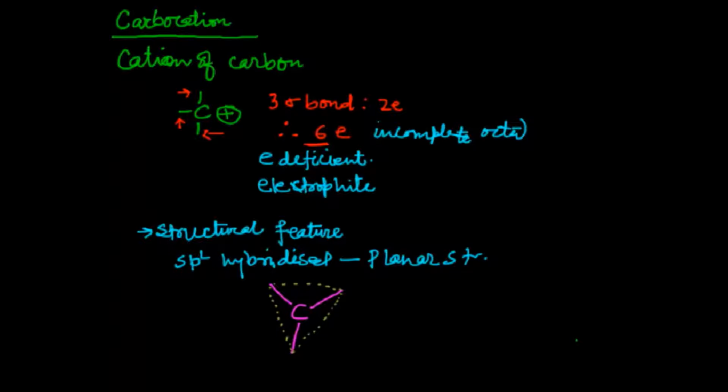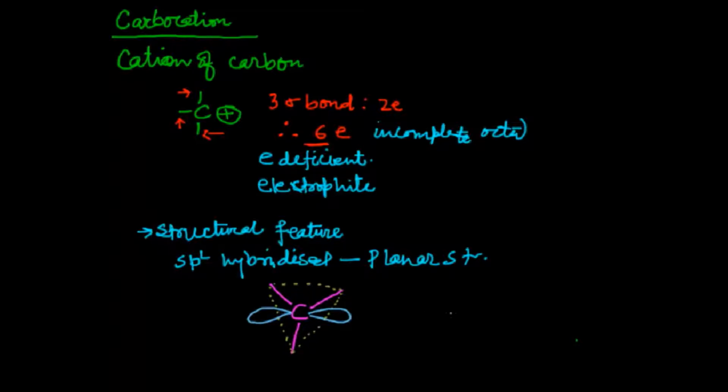And one more p orbital, which is vacant, is present in the perpendicular plane, like this. So this carbocation has a structure like this.